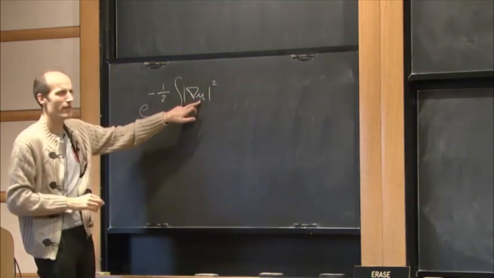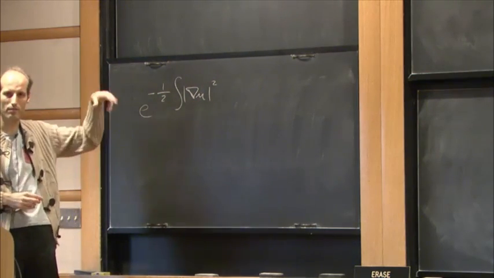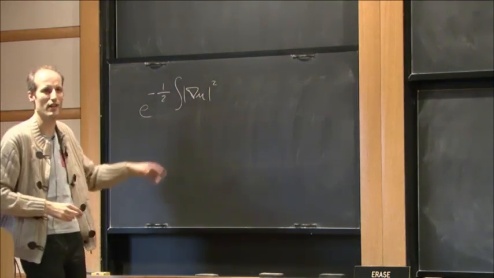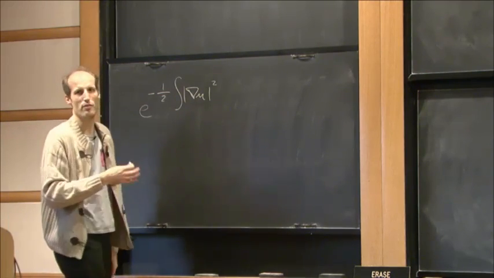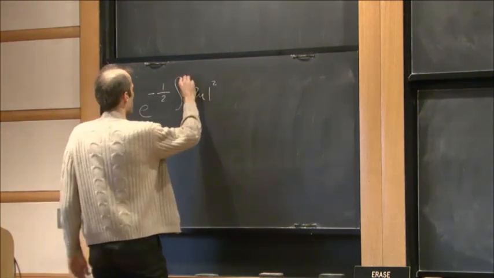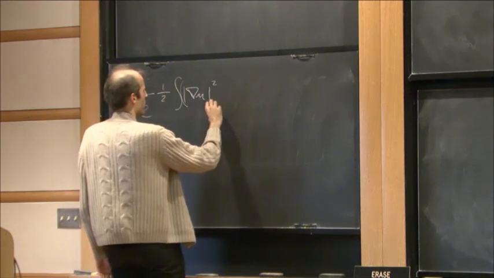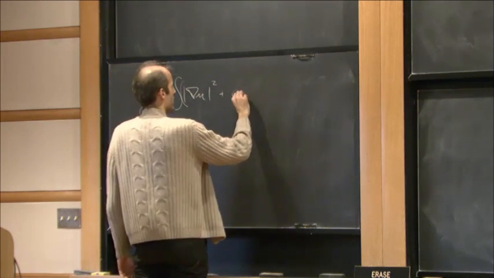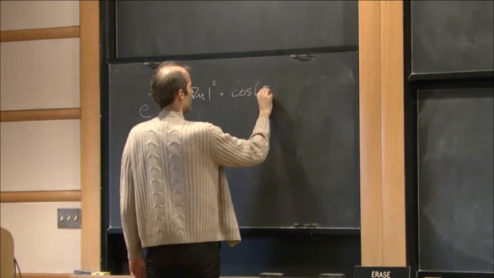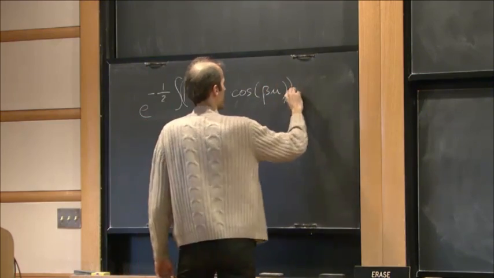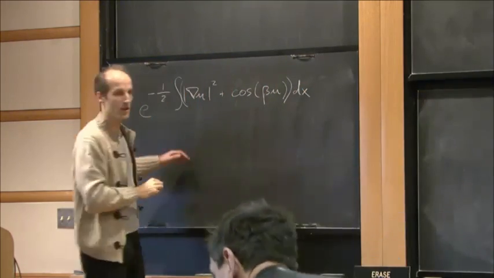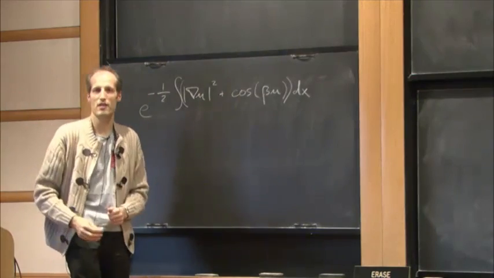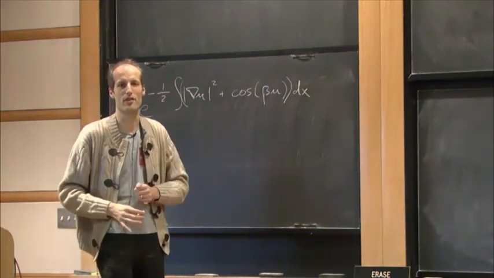I'm going to call my fields u instead of phi, because I'm going to use phi for something else. So phi is going to be the free field. And this should be thought of as a density with respect to Lebesgue measure, which doesn't exist.